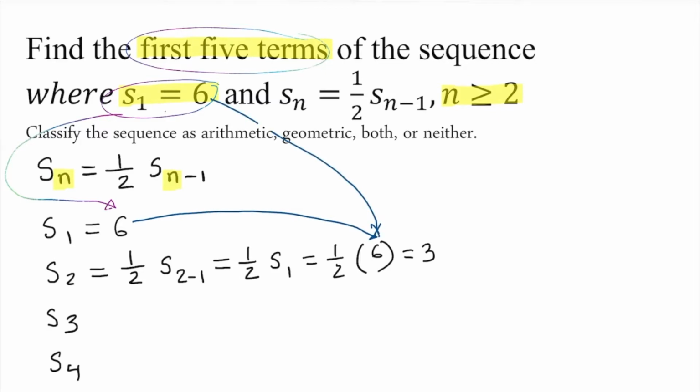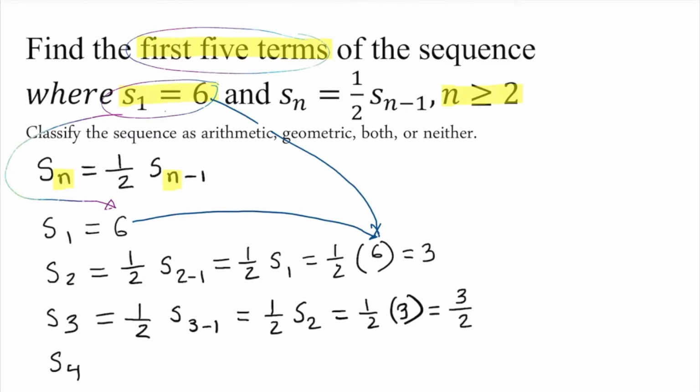The next one is basically the same stuff. S3 is 1/2 S(3 minus 1), which is 1/2 S2. That is the one we just got, S2, which is 3. So it's 1/2 times 3, that would land us 3/2. Just keep it, we don't have to convert into decimal or mixed fraction.